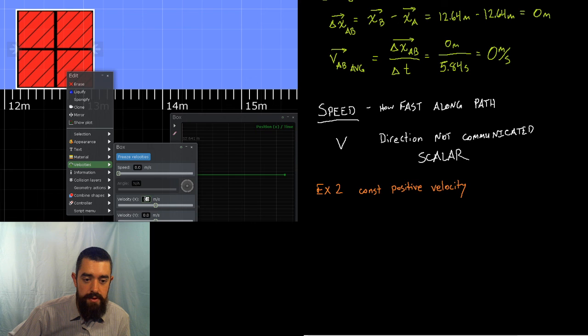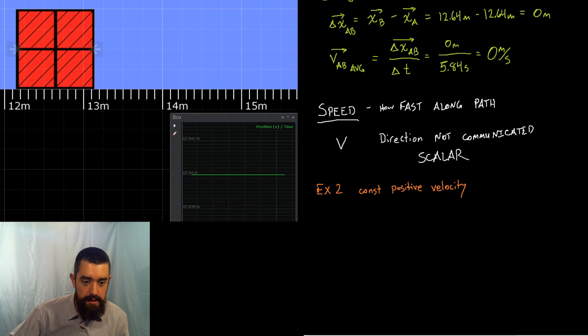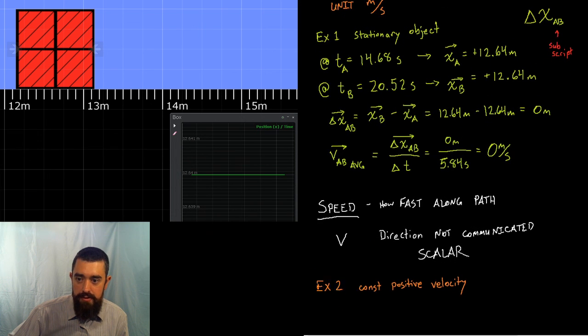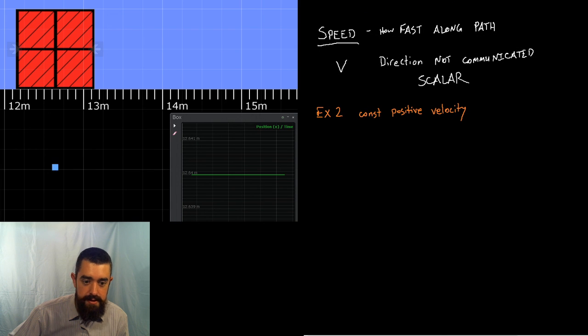Let's give this thing a velocity of positive 0.4 meters per second. Hit enter. All right, now let's let time run through. We were at a time of 20.52 seconds. Let's continue.